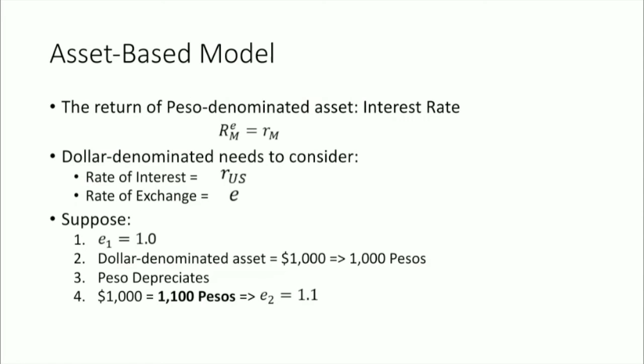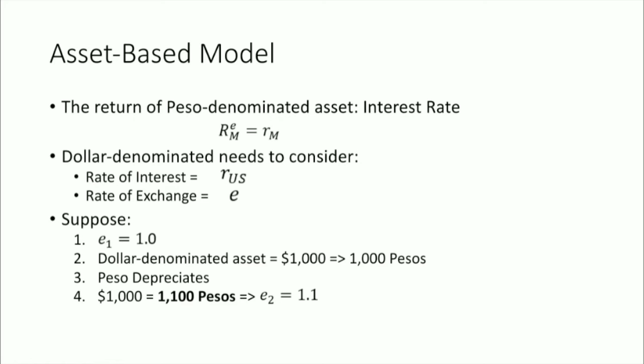Okay, so the return of the peso denominated asset is the interest rate itself, which is R M, so that's the equation. And then for the dollar denominated asset, we need to consider two things, with the first one being the interest rate, and then the exchange rate, which is E. To see this further, let's suppose that first we have the initial exchange rate, which is 1.0, and the dollar denominated asset is valued at $1,000, which in pesos also is 1,000.